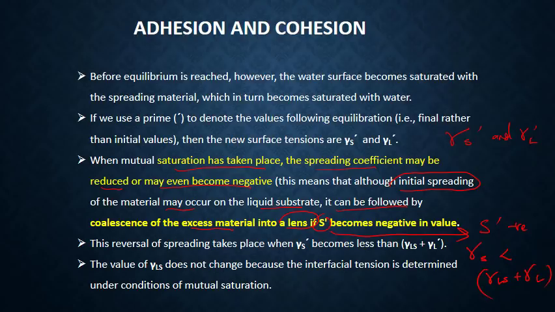The value of the interfacial tension does not change because the interfacial tension is determined under condition of mutual saturation. So the only thing that can change is the surface tension of the pure material, before and after equilibrium. However, interfacial tension is not changed.